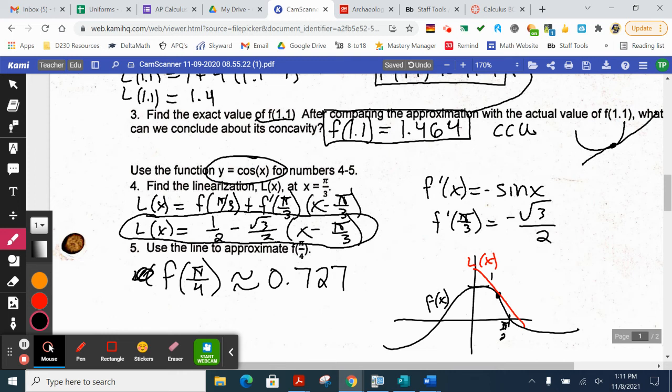I don't understand. Say it again. How does plugging in pi over 4 to the tangent line, wouldn't that give us the value of the tangent line? Yes, that's why this says approximate. The line is your approximation tool. If I want the real exact value, that's what I've been doing. I'd probably ask you a sixth question, which is then actually, let's find the real value.